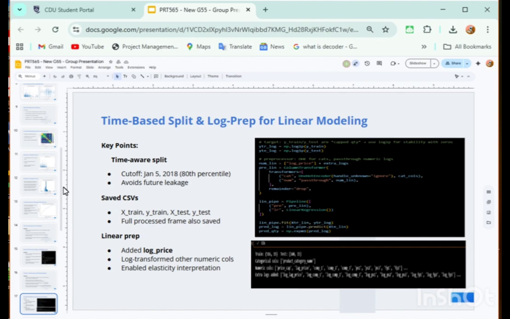Then we applied one hot encoding for our product categories and used log transformation on price and other positive numerical features. This log formulation was critical, as it allows the linear model's coefficients to be directly interpreted as price elasticity. So this was my presentation.